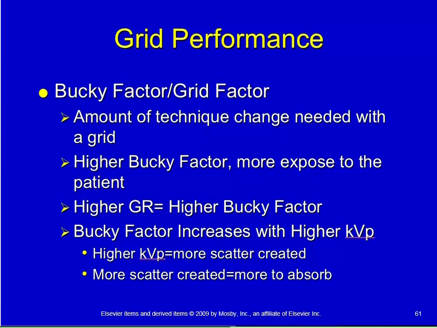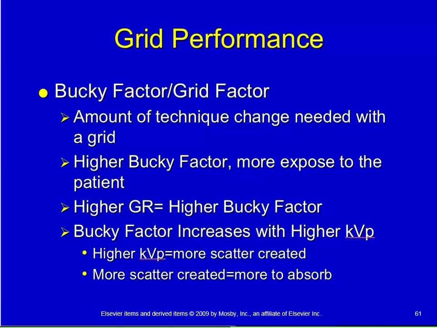Because you create more scatter radiation when you increase your kVp, there's more scatter available for the grid to absorb. So your Bucky factors are going to change. A 5-to-1 grid at 90 kVp is going to absorb more scatter radiation than what it would at 70 kVp.